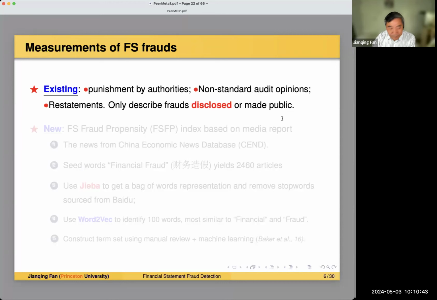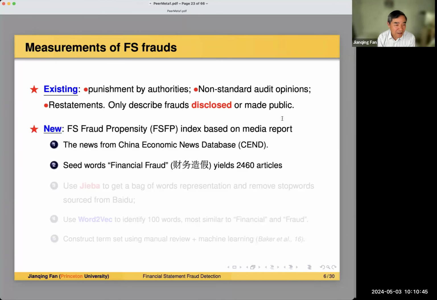So our method is the following. It is based on a financial news fraud propensity index, which is based on media reports. The data we are getting is from the China Economic News database, which collects most of the major news and chat into its database.